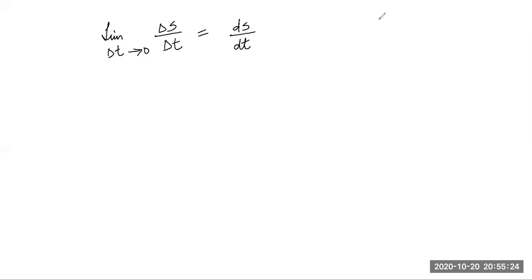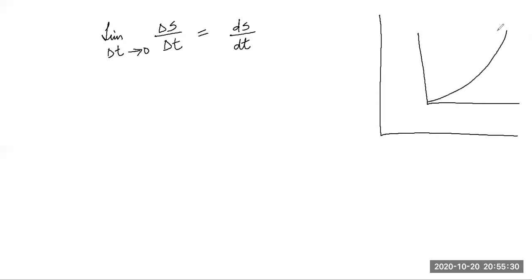There was a geometric side to this also. Very quickly I will explain. This was the function s is equal to 4.9 t square, and I wanted to find the velocity at t is equal to 2 seconds, the instantaneous velocity, which was not possible to find from the average velocity concept.